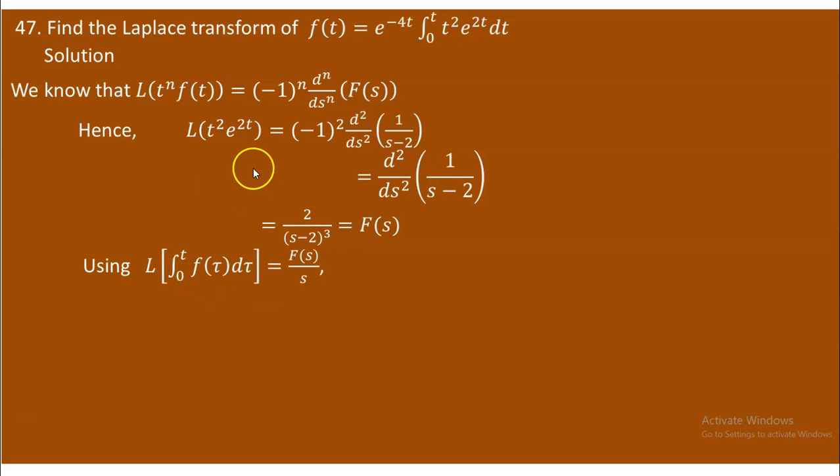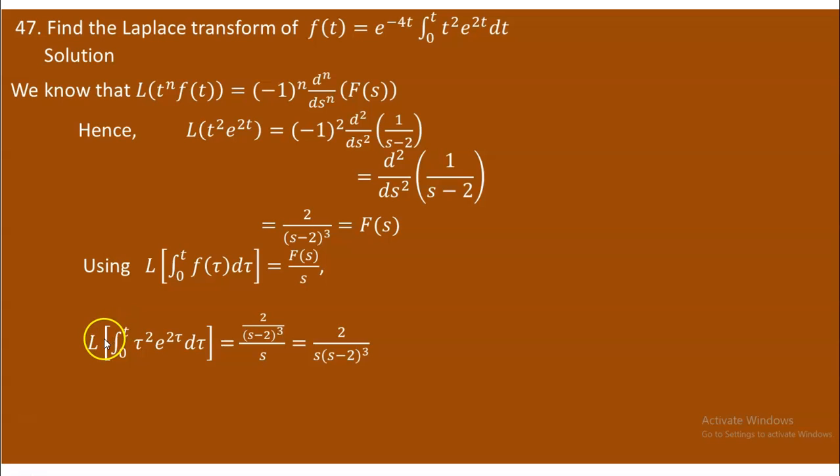So what has been obtained is the Laplace of the integrand, t squared e to the power of 2t, and we consider this as F(s). So now the Laplace of the integral expression alone is going to be F(s) divided by s. You simply put s here, and you will have 2 over s times (s minus 2) cubed.